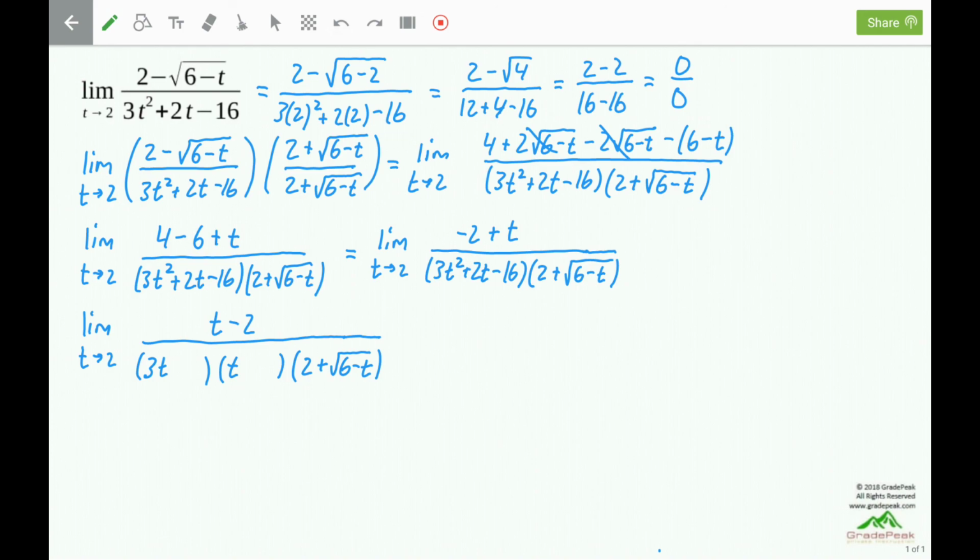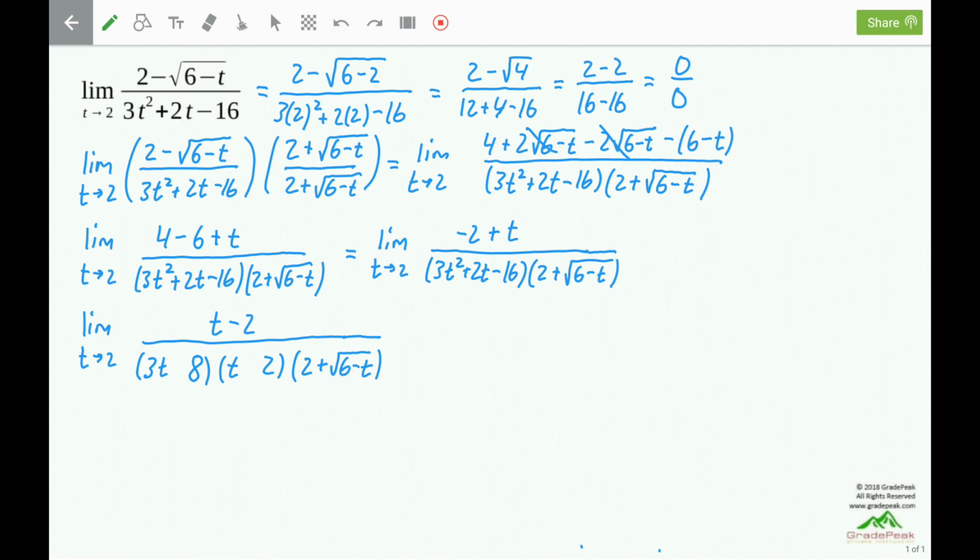16 can be 16 and 1. Those 16 and 1 combined with a 3 and a 1 will not produce a positive 2. It could also be an 8 and a 2. And I believe if we put the 2 here and the 8 here, we will get a 6t here, and we will get an 8t there.